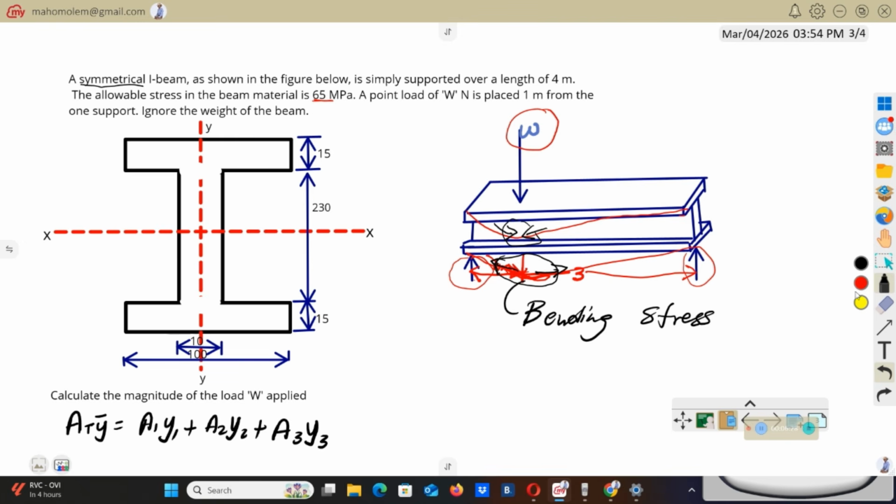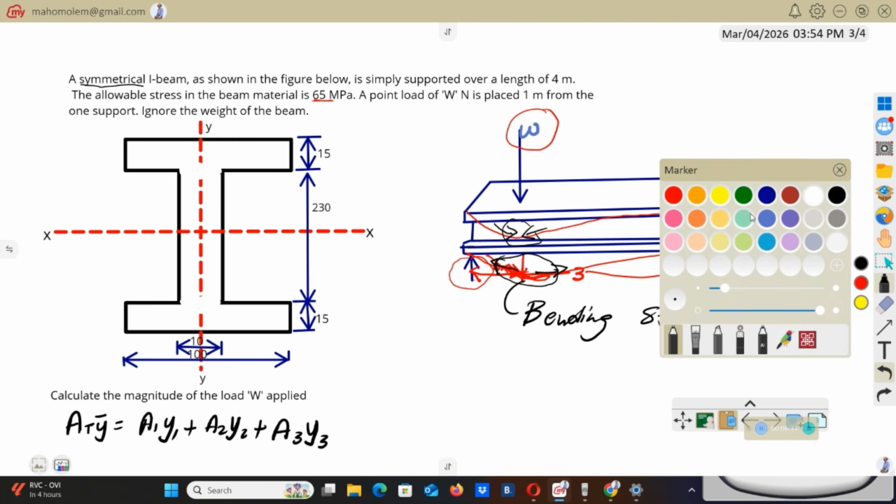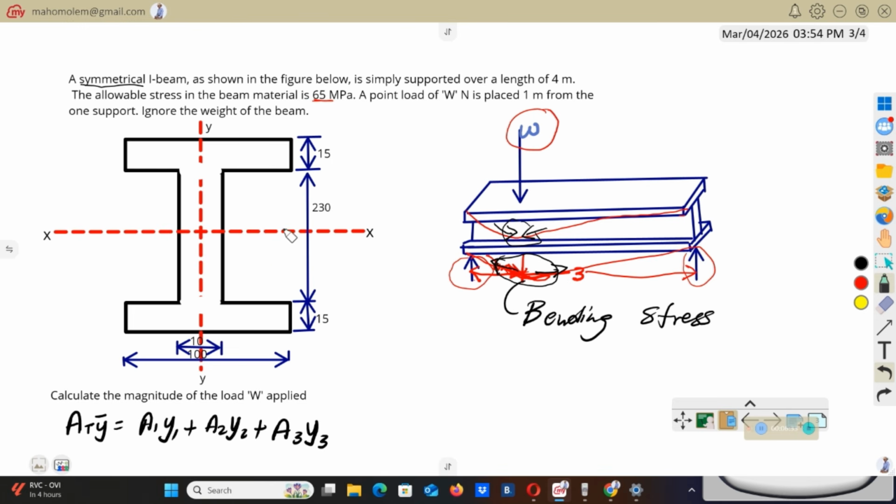Like here, if our profile is symmetrical, I mean this profile you can see it's symmetrical, where these two lines meet here is going to be our centroid, the centroid of this I-beam. If you want to know the center of this I-beam, or halfway, the center will simply be this total height from here to here divided by 2.